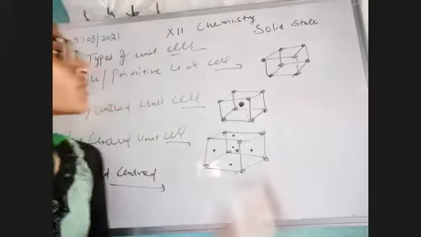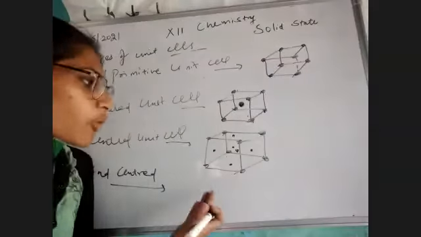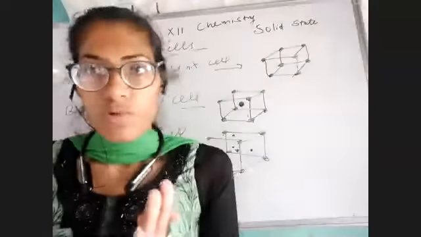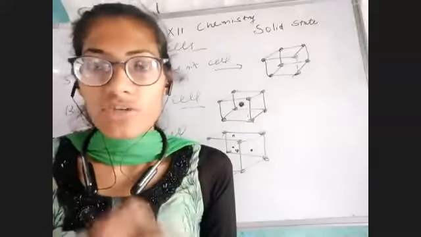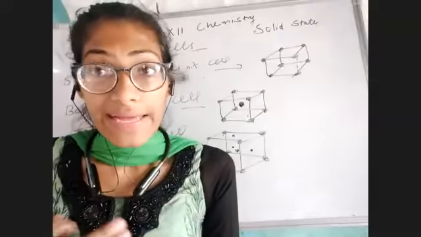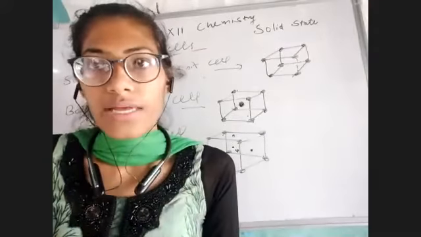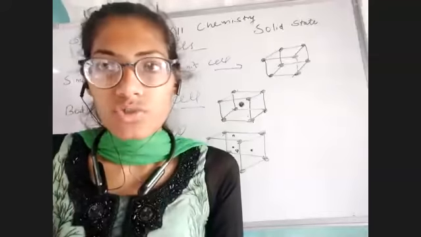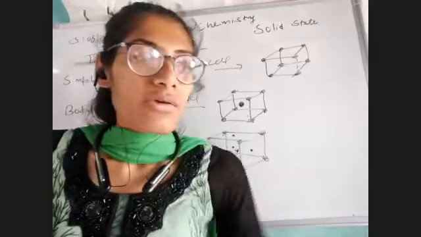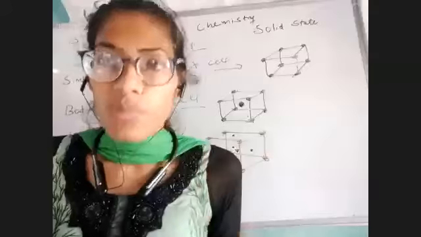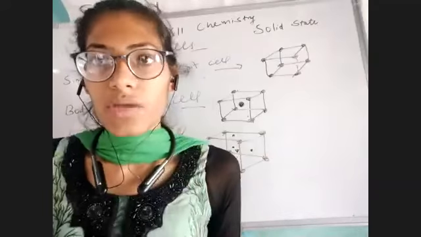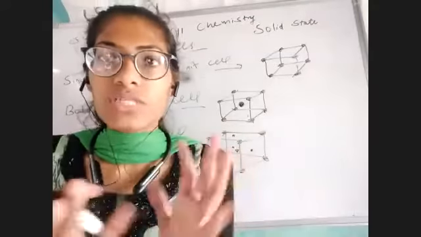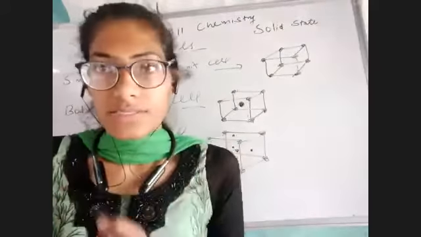If we go to face centered and body centered, they can also have different types of edge length and different types of angles and different types of examples, but that would be too broad. That would be so much complex, because that would be so much work to remember. Because this seems to be almost a theoretical concept.